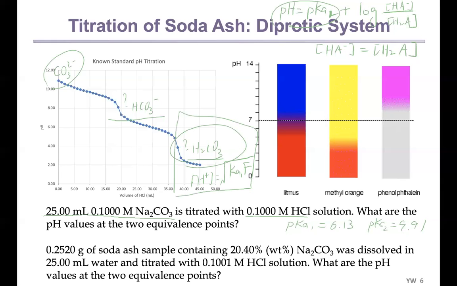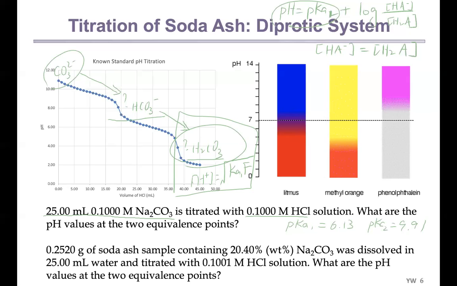For this part, we're just talking about the second equivalence point. First of all, to clarify, the equivalence point is when the initial species is fully converted to the second species, right? At the first equivalence point, CO3 2 minus is fully converted to HCO3 minus.